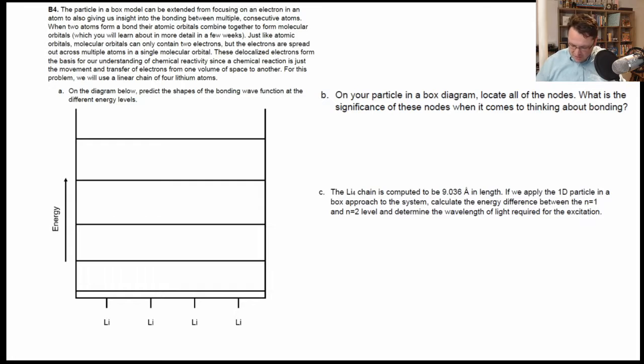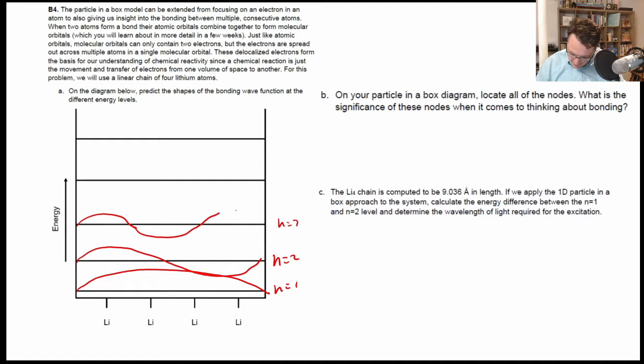it's the exact same thing. So this is the n equals 1 level, and that's just going to be simply this wave. N equals 2 looks like this right here. N equals 3, you got something that looks like this right here. I'm drawing them pretty sloppily right now.